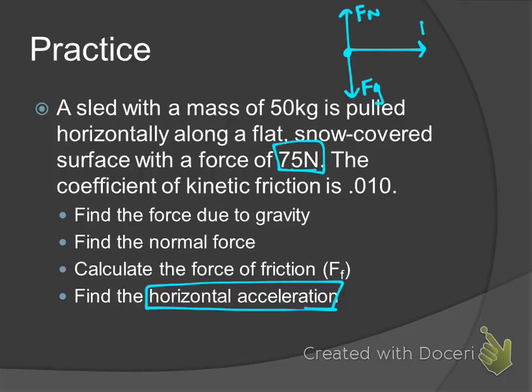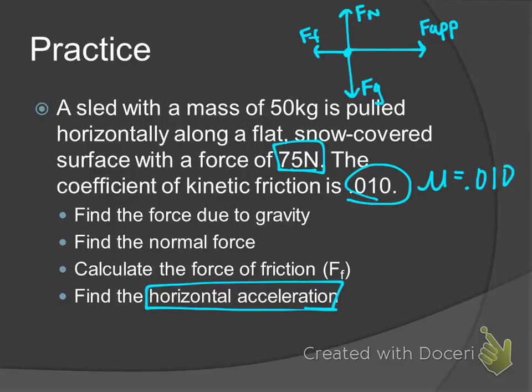So this is force applied. And then what else do we have? Friction. All right, good. Does this mean our frictional force is 0.01? No, that's just the coefficient equals 0.01.